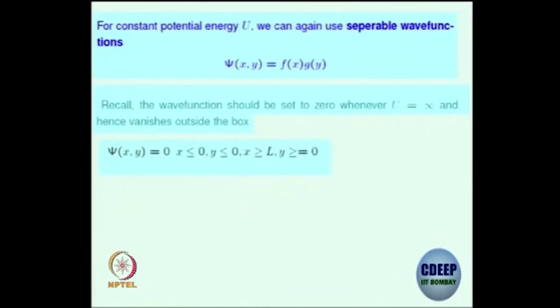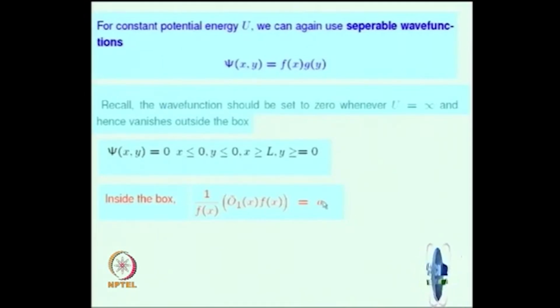So put in those conditions on your wave function. What is the form you will get? Inside the box, you have to solve this differential equation. This is similar to your K squared which we did, no different from one-dimensional problems.